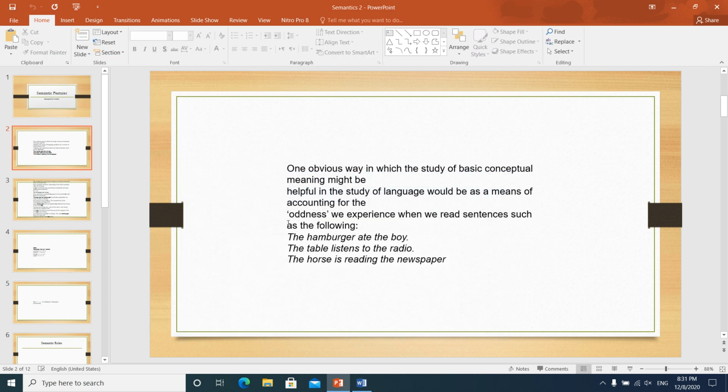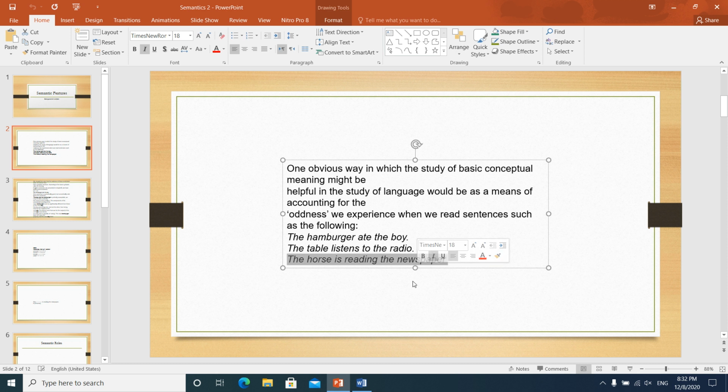That's why a native speaker cannot produce a sentence like this one. You see, the hamburger ate the boy, or the table listens to the radio, or the horse is reading a newspaper.